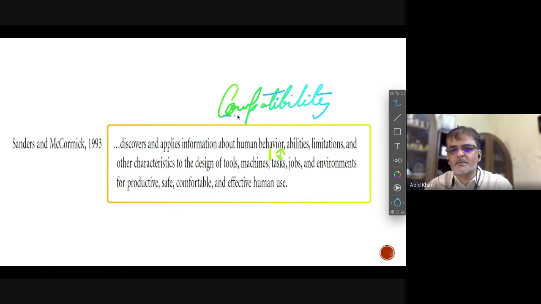An example of compatibility is that if you have a pen with a size very high or very thin, you are not comfortable to work or to write.